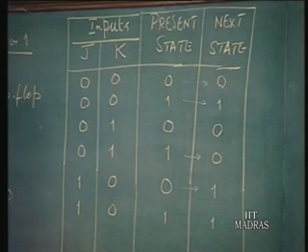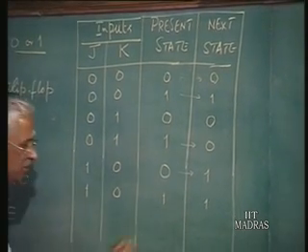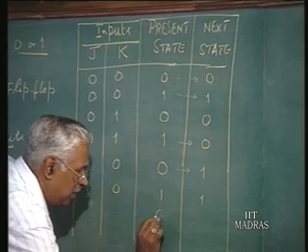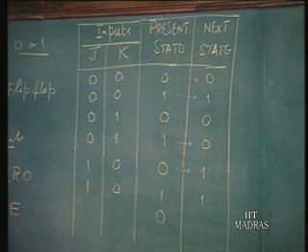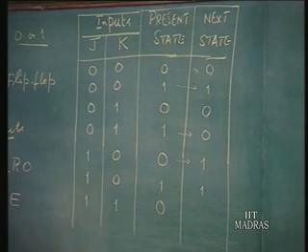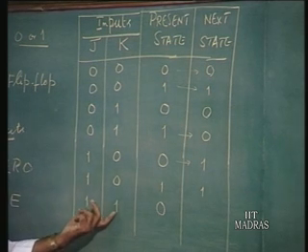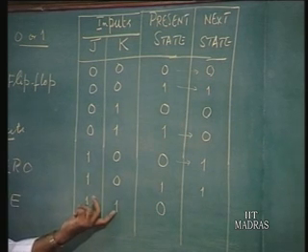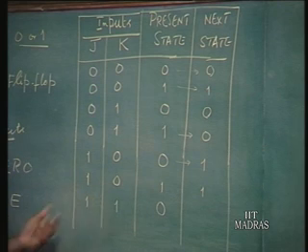Then we have two more conditions to be checked. Namely, if the present state is 0 and J and K both are 1. Now our definition of set reset fails here because one says set, the other one says reset.